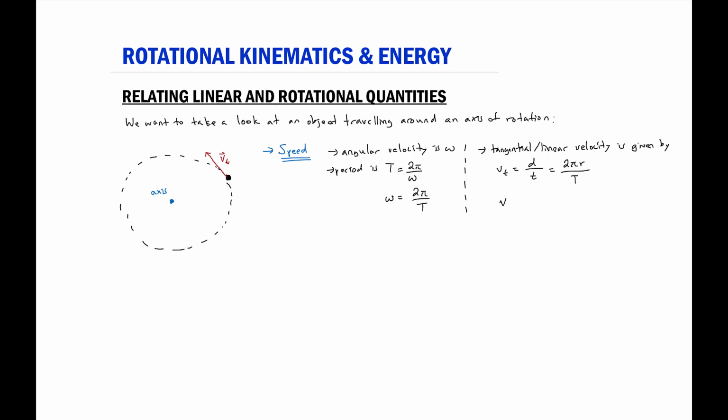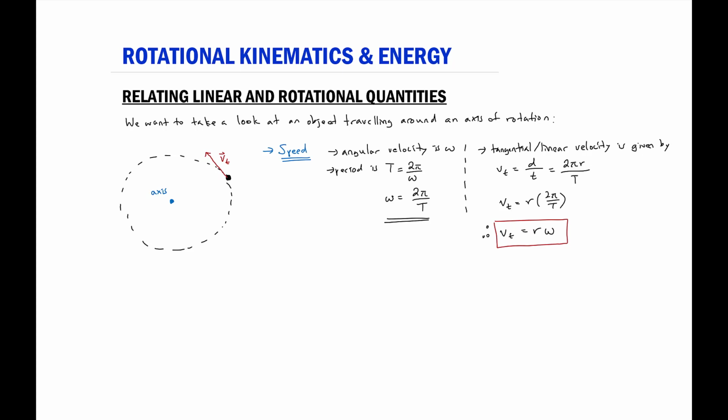So then we can write Vt, so tangential speed, as r times 2 pi over T, and we just saw that omega is equal to 2 pi over T, so therefore tangential speed is equal to r times omega. So this is a handy conversion equation if you ever want to have a direct relationship between the linear and rotational speeds.